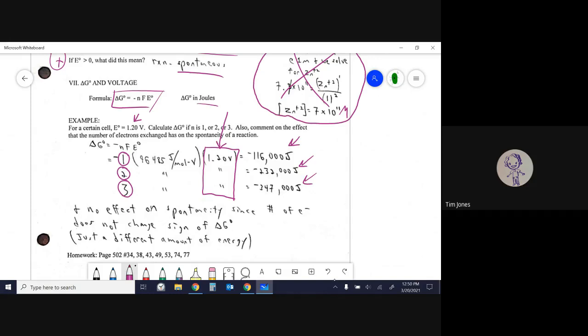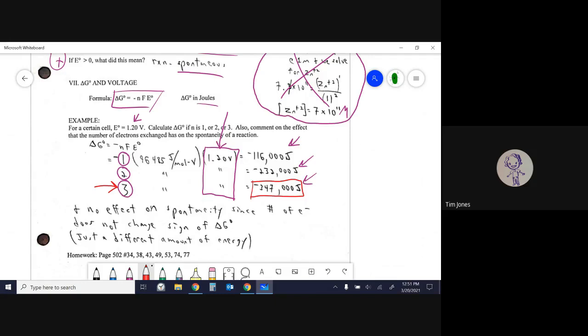But if you have more electrons being pushed, you're going to get more energy. So it's just interesting that changing the number of electrons doesn't change the push necessarily, and it doesn't change whether the reaction will happen or not. It just simply says more electrons being pushed will be more energy, which we see in this calculation.